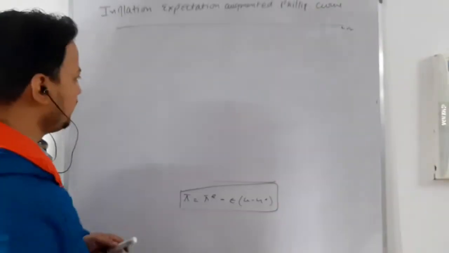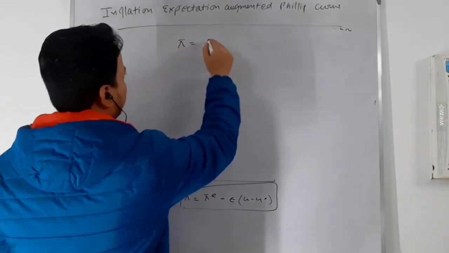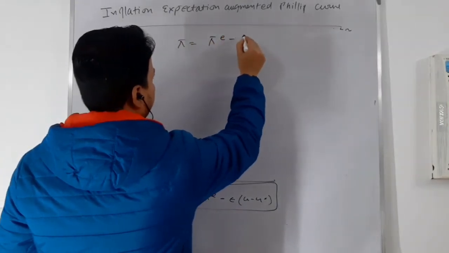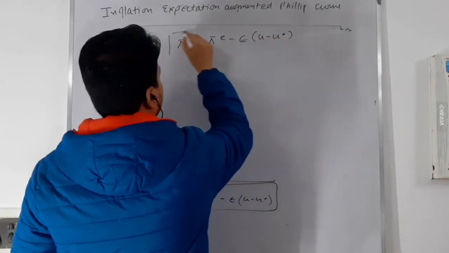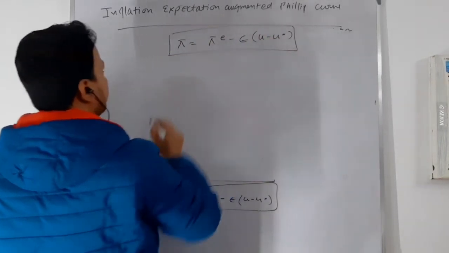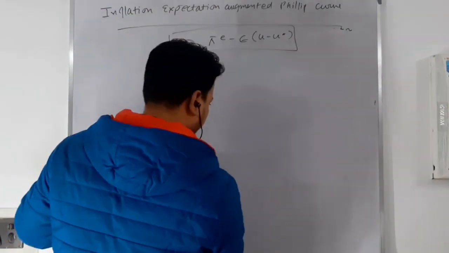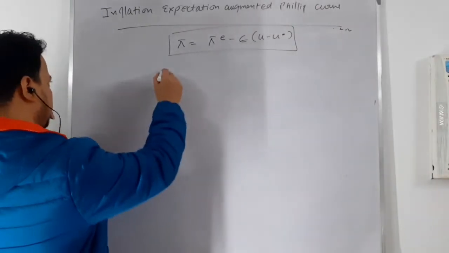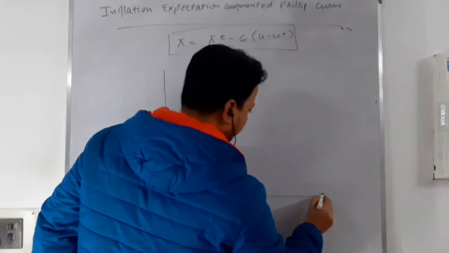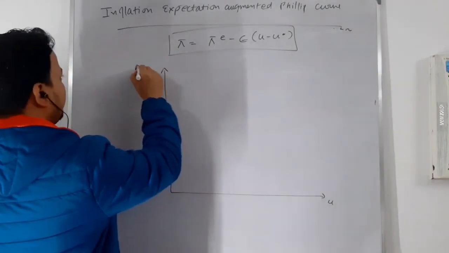Now I am drawing the graph of this one. So pi equals pi e minus epsilon times u minus u star. This is the equation of the inflation expectation augmented Phillips curve. Here you are taking unemployment, and here actual inflation.